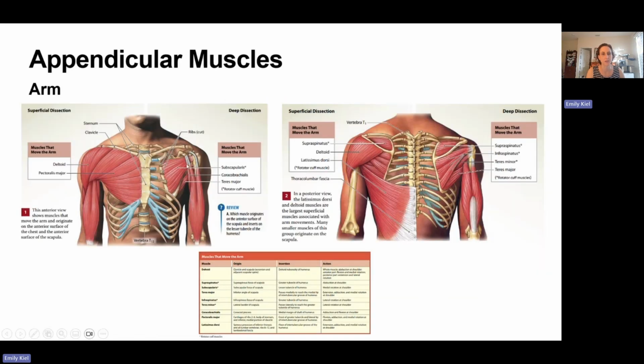There's that subscapularis muscle. There is our supraspinatus, so supra meaning above, above the spine of the scapula. We've got our infraspinatus. Notice this muscle is right here, below the spine of the scapula, and then your teres minor. Notice your teres minor is a little bit deeper, so you want to be aware of that.